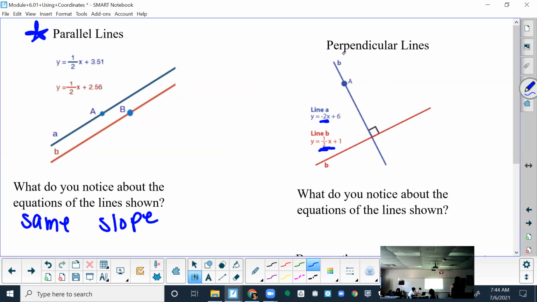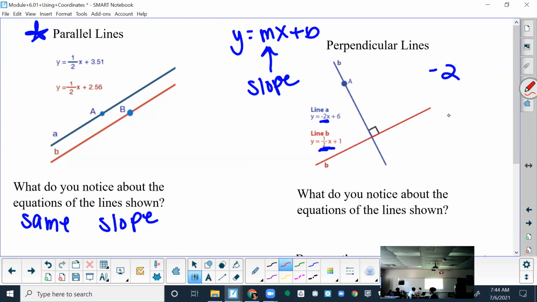All right, so we established that perpendicular lines don't have the same slope, right? So slope in front, it goes in front of the x. Forgot to mention that. The M is your slope. So the slopes for these two lines are -2 for the blue line and 1/2 for the red line.